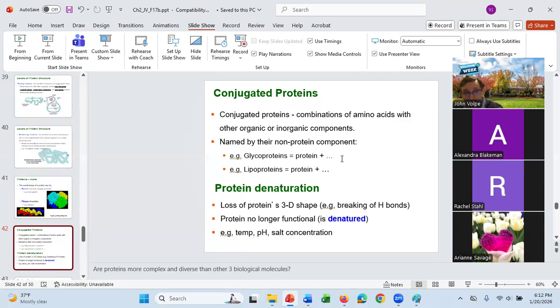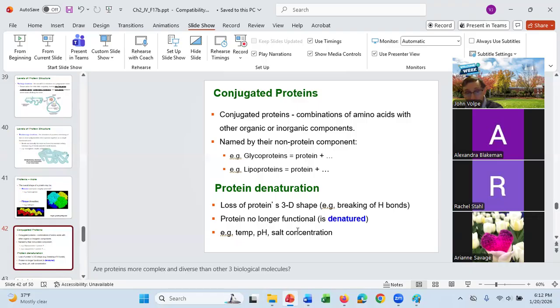Proteins can denature. When a protein starts to lose its three-dimensional shape, such as by breaking hydrogen bonds, like when you're heating the protein up, or forming hydrogen bonds when you're cooling the protein down, like putting it in the freezer, you can get the protein starting to lose its three-dimensional shape.